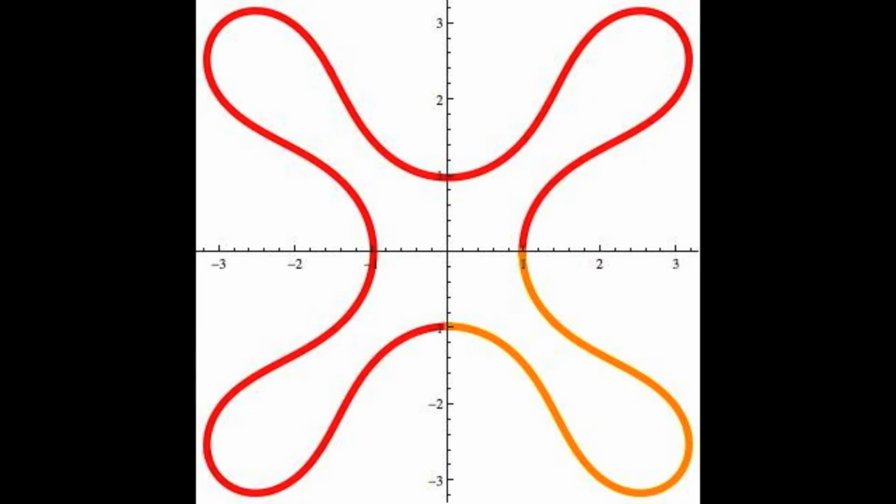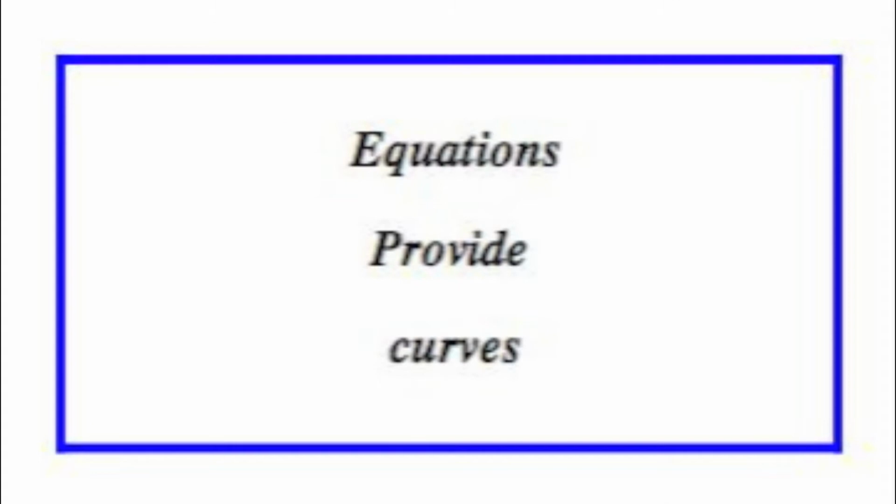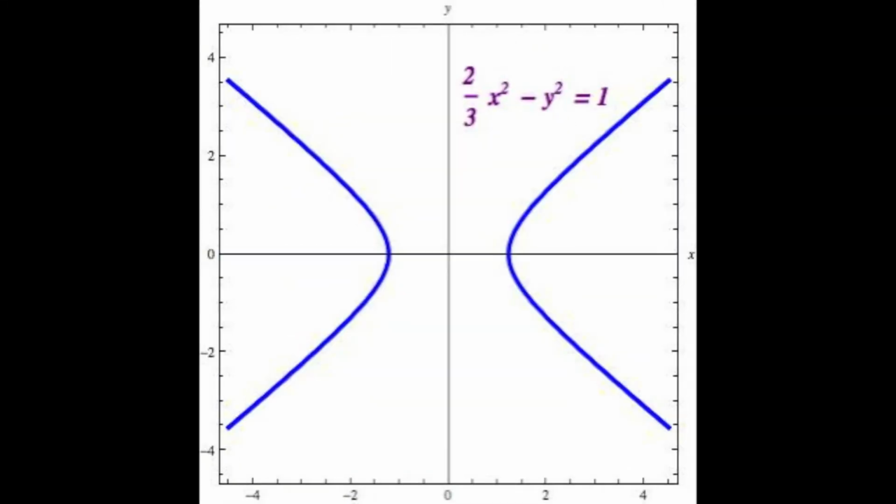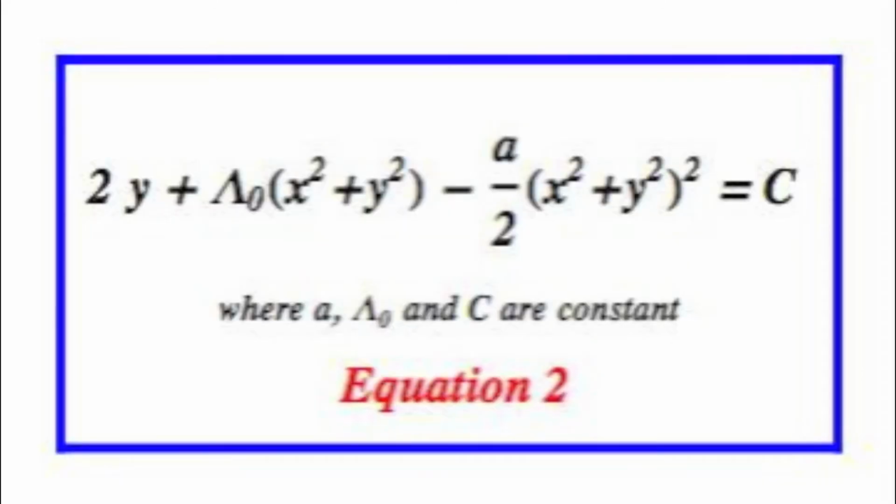Before describing the solutions, we point out that every equation in the variables x and y represents a collection of points that usually form a curve. For example, an ellipse, a circle, or a hyperbola. This equation plays an important role in the classification of cylindrical rotating drops.